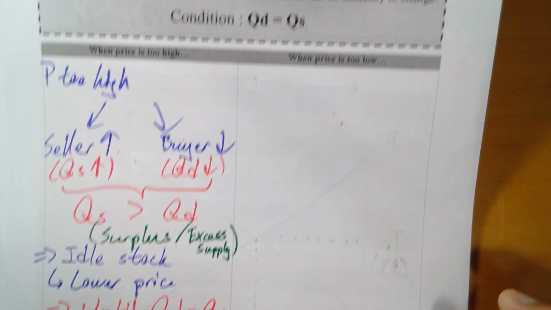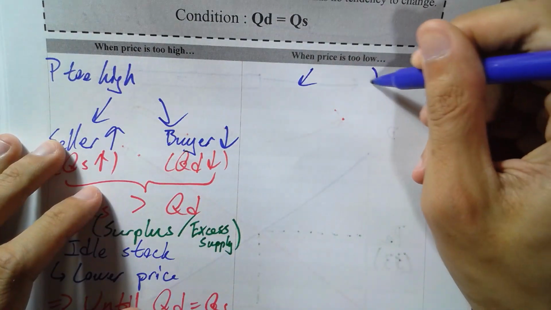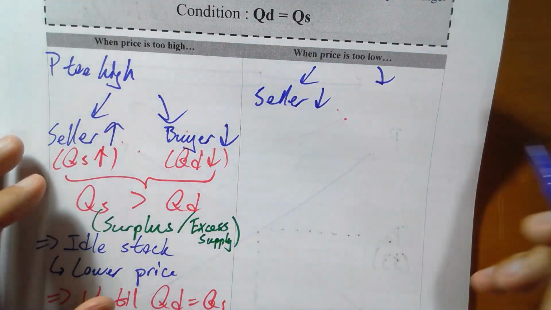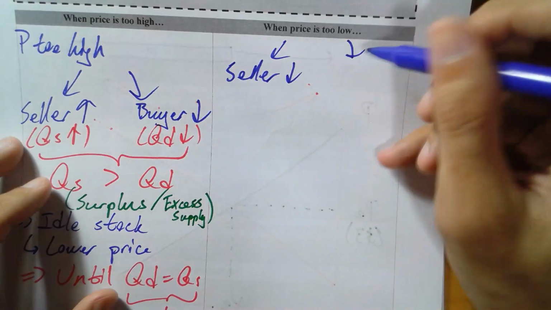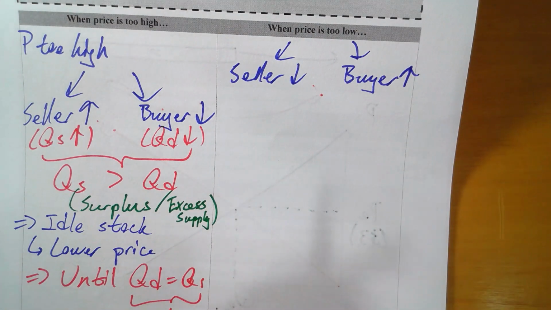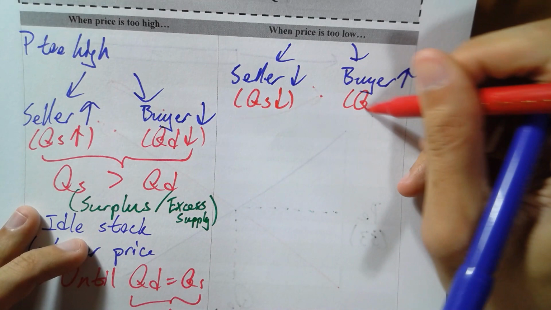Now what happens when price is too low? When price is too low, no one wants to sell. 係嘛？But many people want to buy it. Basically, QS is small, but QD is a lot.